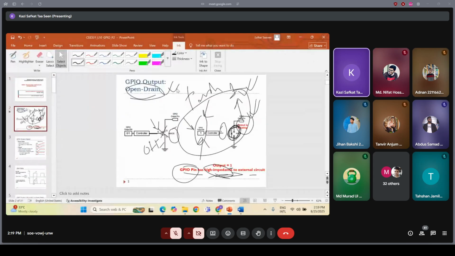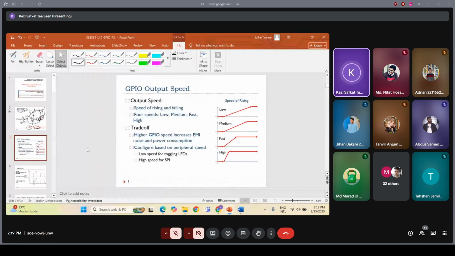And finally, we talked about the slew rate. There can be different speeds at which the signals transition. What's the problem with the high GPIO speed? How to configure the speed?